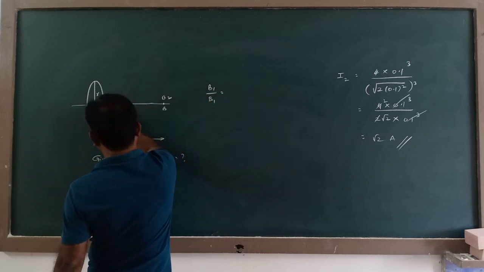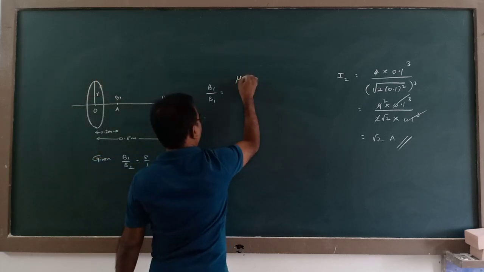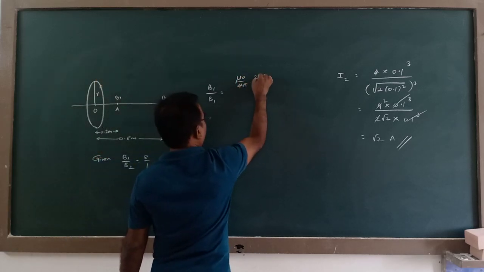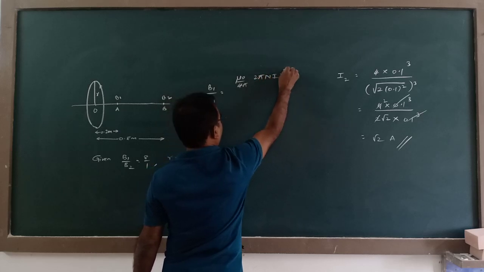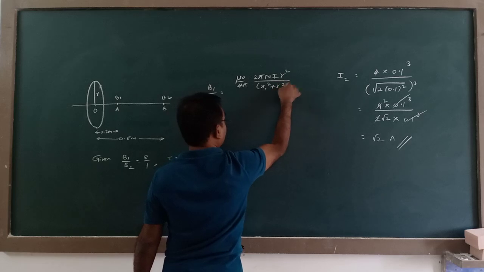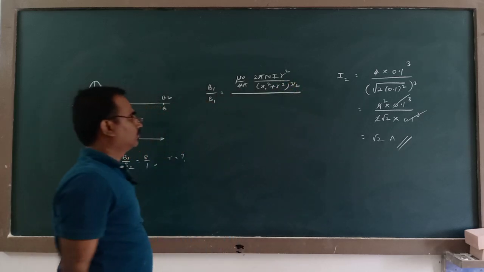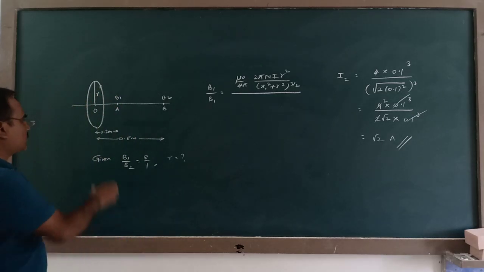Field at this point due to this circular coil is mu naught by 4 pi, 2 pi N i r square divided by (x1 square plus r square) whole to the power of 3 by 2. This is the formula where x1 is this distance.